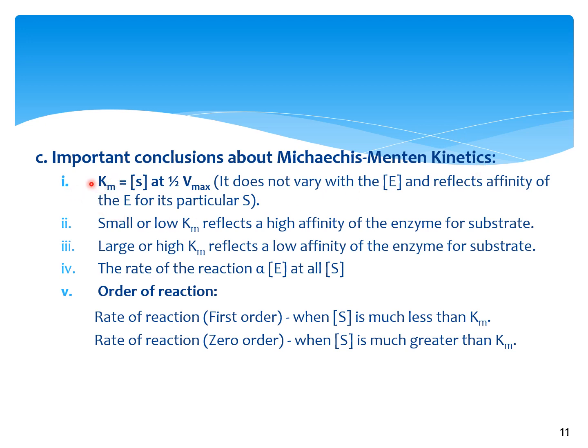Km is the characteristic of enzyme to its particular substrate, and numerically it is equal to substrate concentration when half of the maximum velocity is achieved. So numerically Km is equal to the substrate concentration at which half Vmax is achieved.